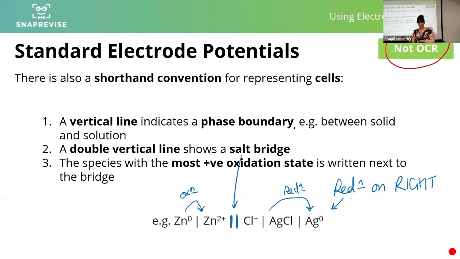And I know that reduction goes on the right. So for me, I find that easier to remember than having to specifically put specific species in specific places. And I know that this is oxidation because it's gone from a 0 oxidation state to a 2+ oxidation state. And the chloride has gone from a -1 oxidation state to a 0. So that must be, or it is, reduction.